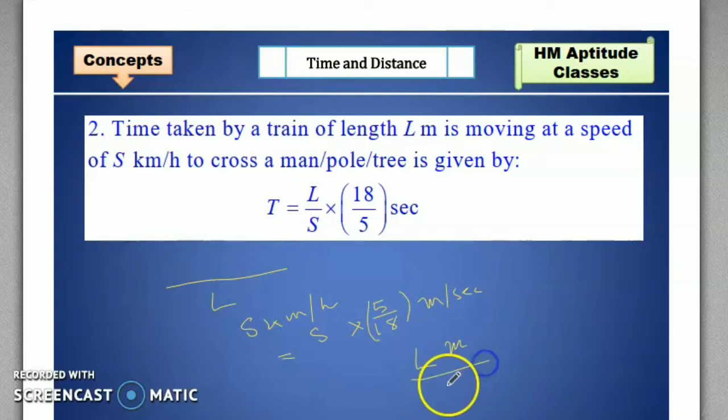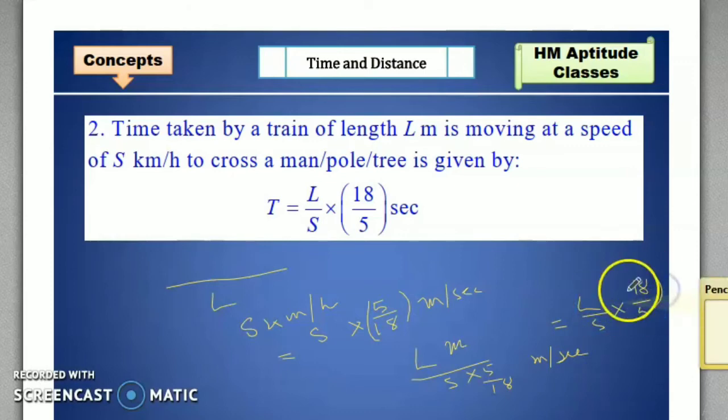So the time taken will be L meter divided by s into 5 by 18 meter per second, that is equal to L by s into 18 by 5 seconds. So this is the expression given in this concept.